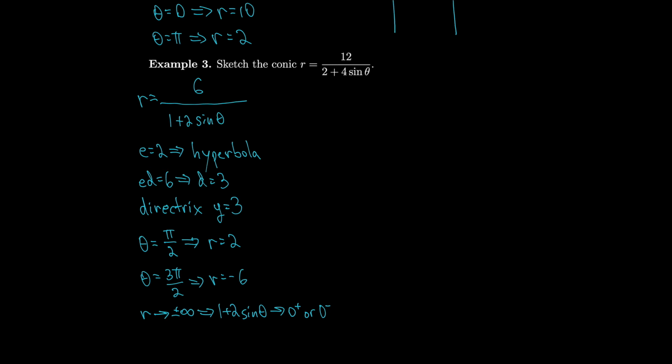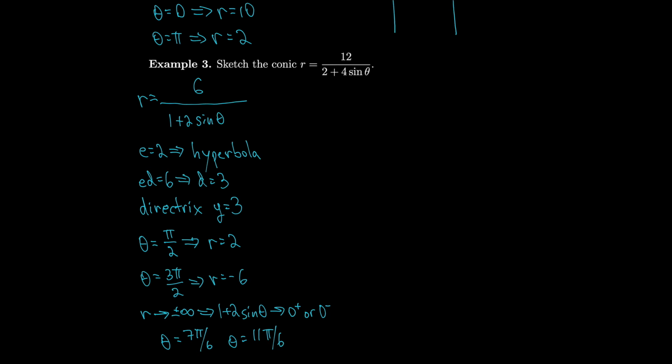So we can get 2 asymptotes. Well, that happens when sine theta goes to minus 1/2, at theta equals 7 pi over 6 and theta equals 11 pi over 6. So that means that our asymptotes must be parallel to those lines.